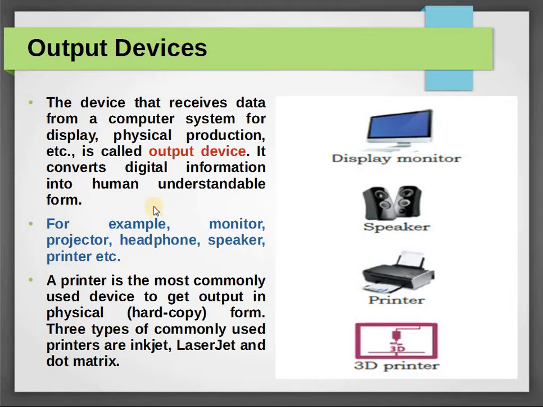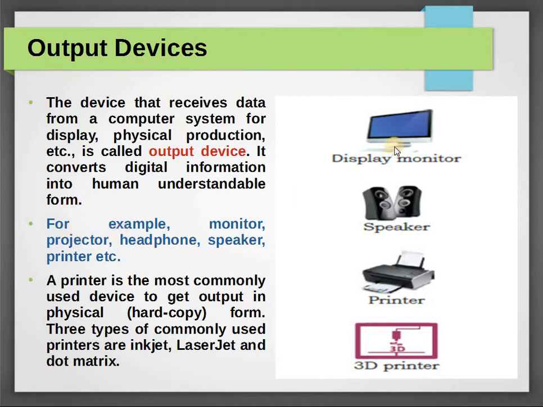Next component is output devices. The device that receives data from the computer system for display or physical production is called an output device. An output device converts digital information into human understandable form.